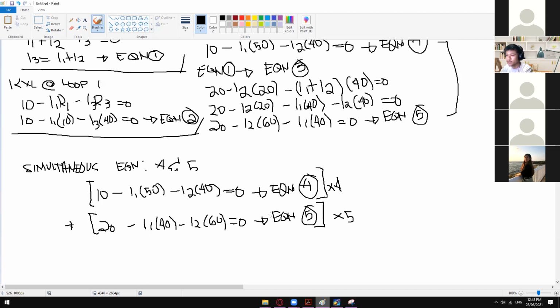We can do this since we multiply everything, so we didn't change anything. What we want to attain is a value of 200 right here and a value of 200 also right here. My bad, if you add them, it will just become 400.